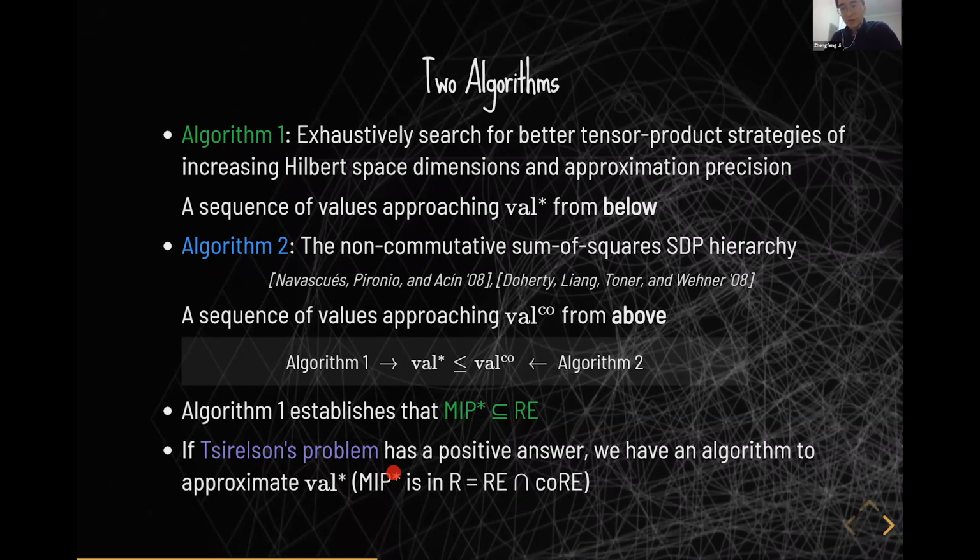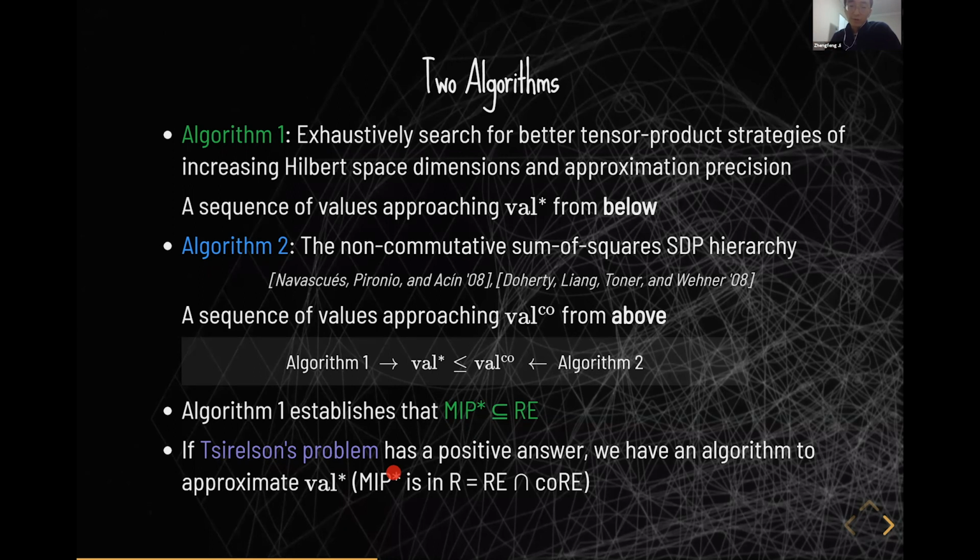That's the correspondence: MIP star is a set of languages, and each language defines a game. Given me a problem of the language, I would convert it to a game. There will be a protocol for this particular problem, such that if the problem is a yes instance, the value of the protocol is high. If it's a no instance, the value of the protocol is low.